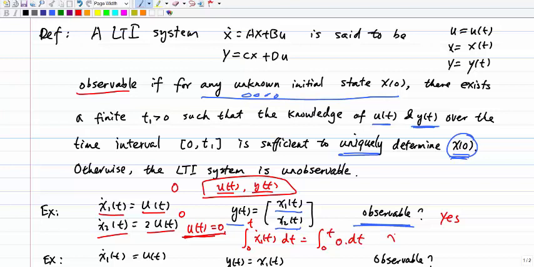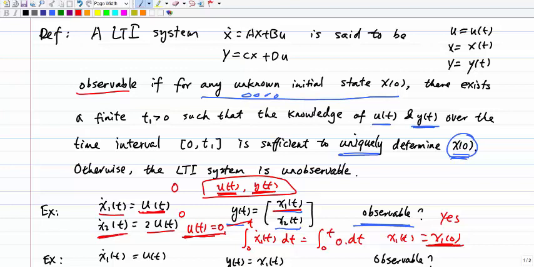So the integration on the left side is x1(t) minus x1(0), and the right-hand side is just 0, which means x1(t) is equal to x1(0). My solution is a constant, because the derivative is 0, and the constant equals the initial value. As long as I make u(t) to be 0, the first output will tell me my initial value.